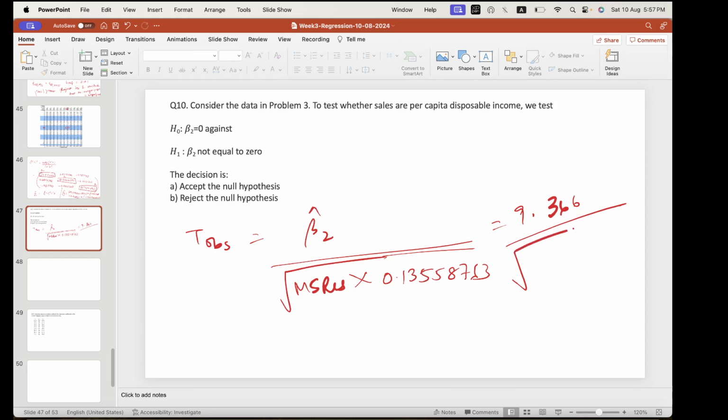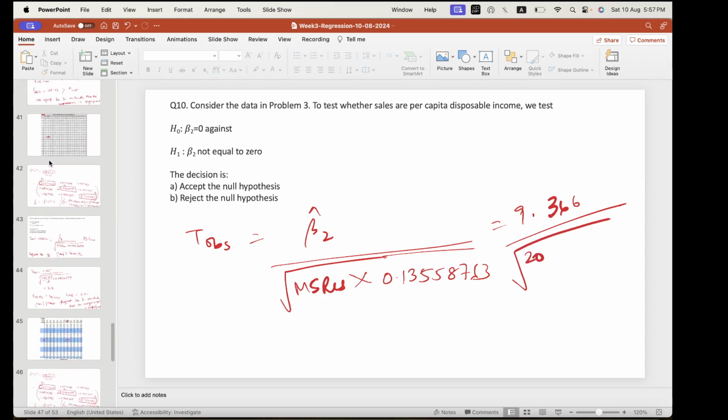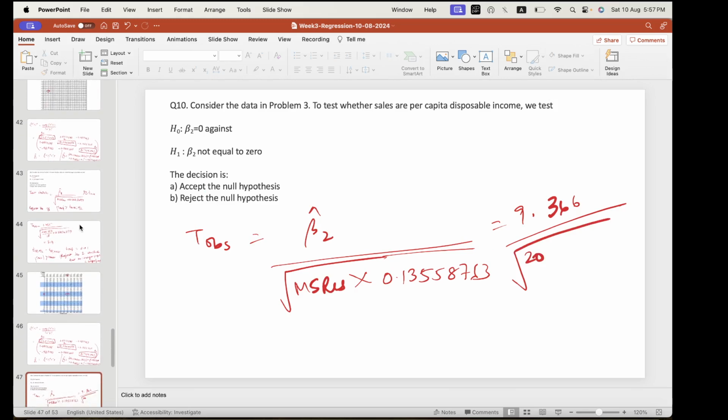So 9.366 divided by root over 2025.857 by 18 into 0.13558763.